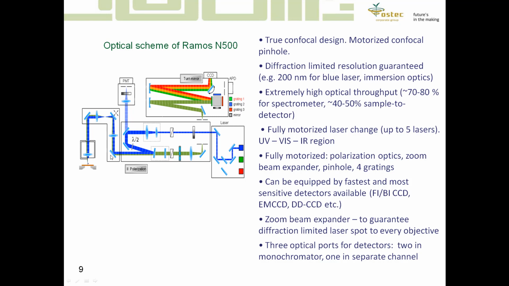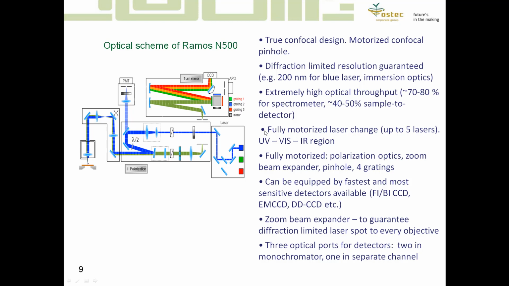It means oil immersion objective on the microscope. Thanks to high quality coatings, we can achieve about 70 to 80% throughput of the spectrometer from input pinhole to CCD position, and therefore it gives a total of about 50% sample to detector throughput.